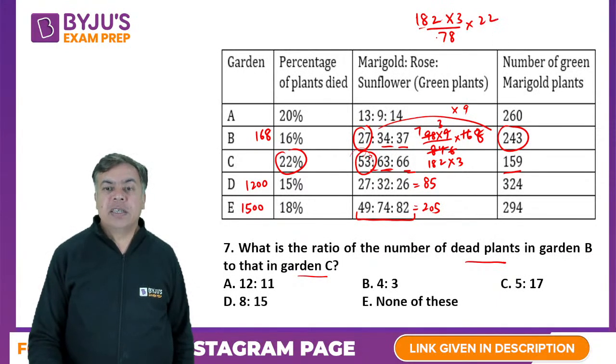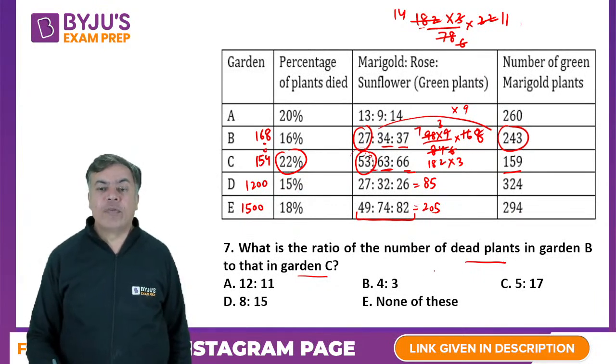So 22%. So 13 into 6, 13 into 14, 6 cancel here, 14 into 11, 154. So this is 154. I need to take the ratio of 168 and 154.